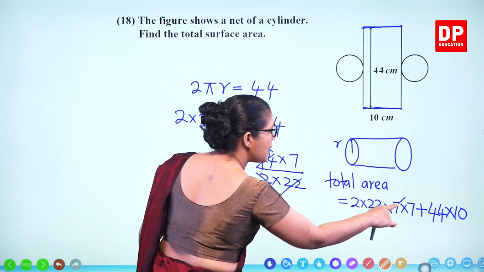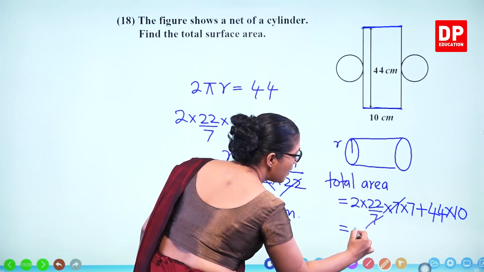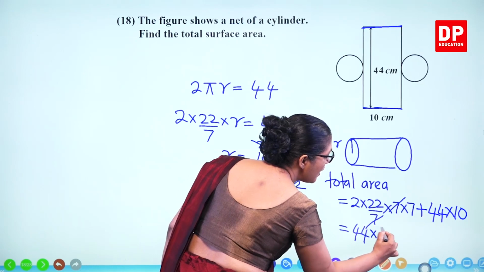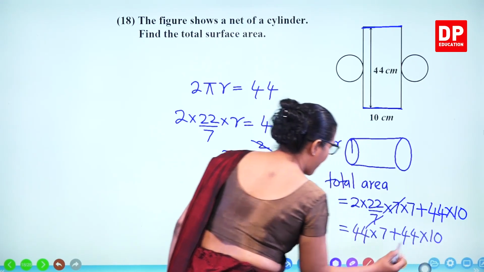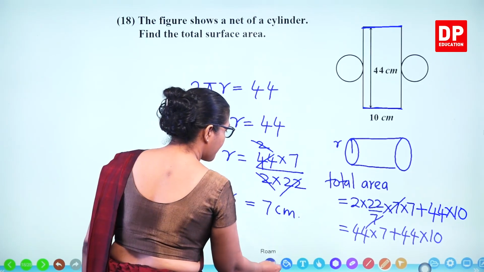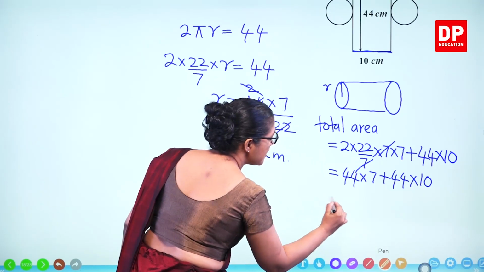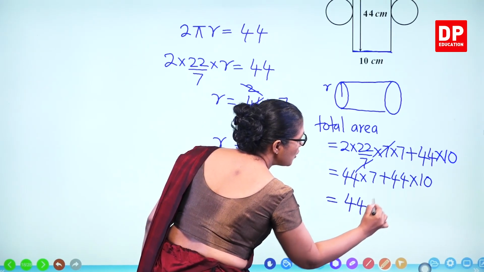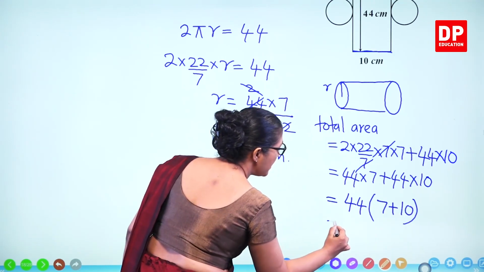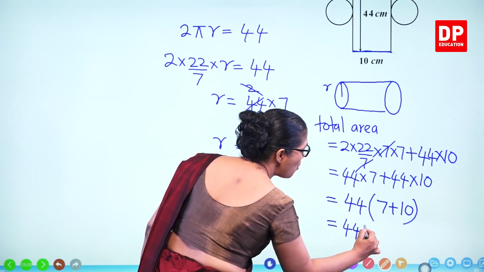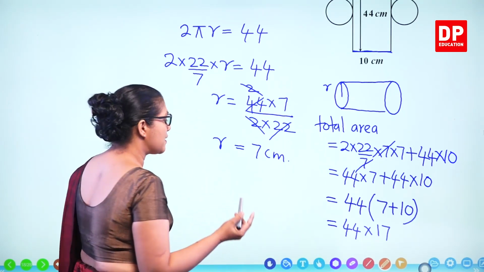So 7 times 2, 14, or you can do 44 into 7 plus 44 into 10. We can take 44 out and it's easy to simplify. So when you take 44 out, you get 7 plus 10. So that means 44 into 17. 7 plus 10. So what's the value?